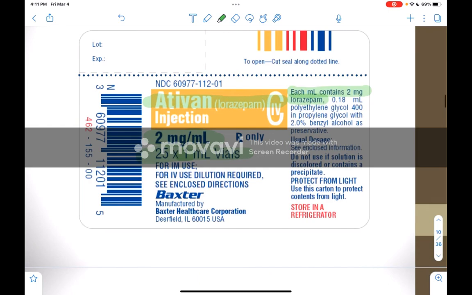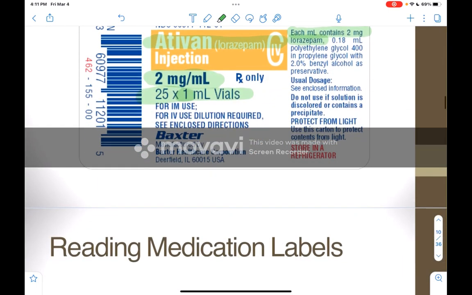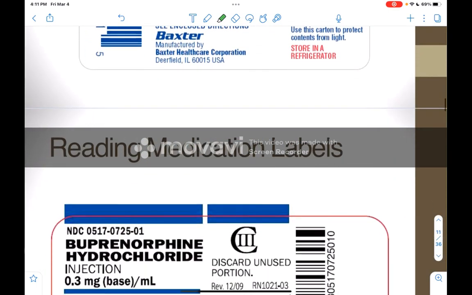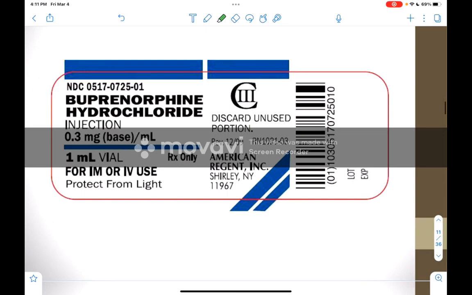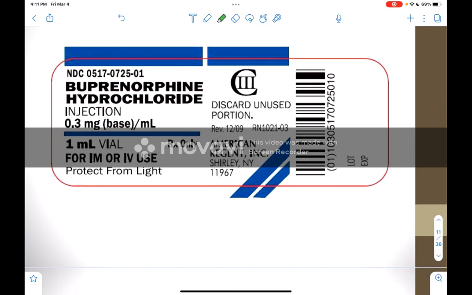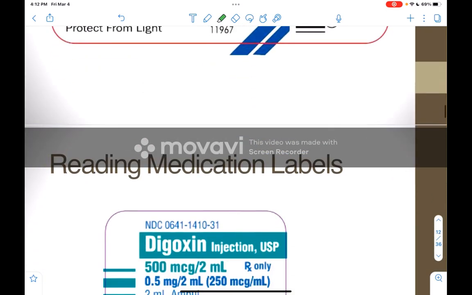So this is probably a single dose vial with 1 mL in it, each one. All right, buprenorphine hydrochloride, 0.3 milligrams per 1 mL. And there's 1 mL in the vial. So hopefully this is the amount that your provider's going to order, but you never know. But if they don't, we'll know how to convert it.